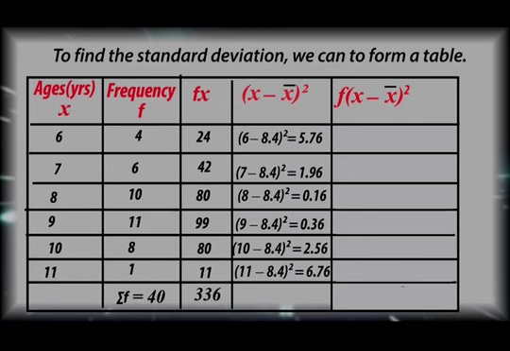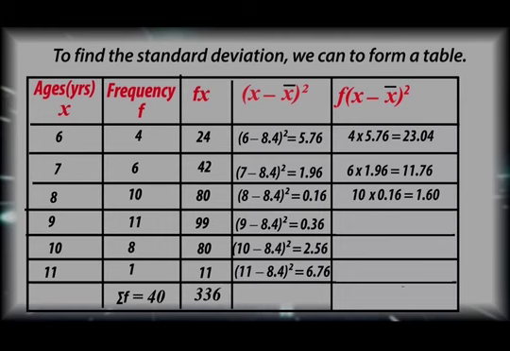In the next column, we are going to multiply these answers by the frequencies. So again, you take your time. Take each of the answers in the fourth column and multiply by the frequency. So we have 4 times 5.76, and that gives us 23.04. Then we have 6 times 1.96, which gives us 11.76.